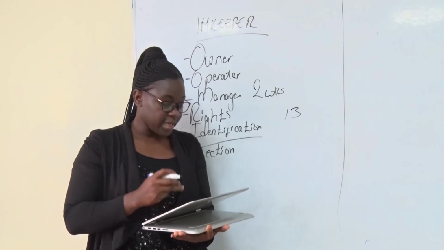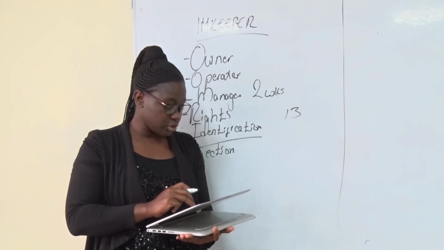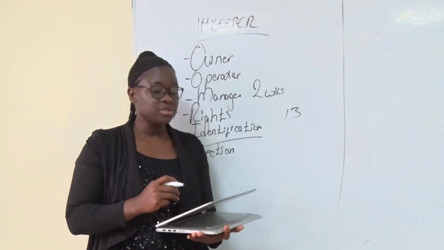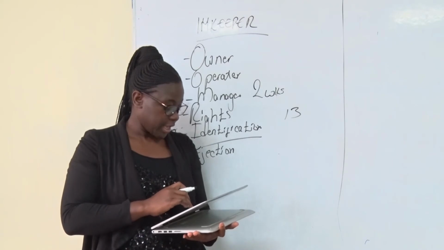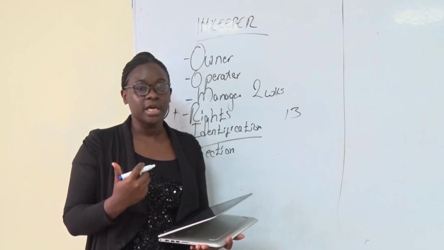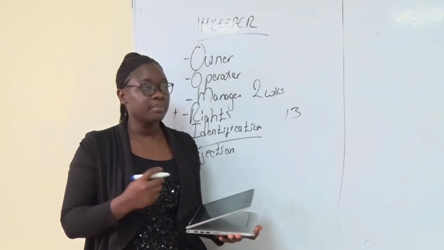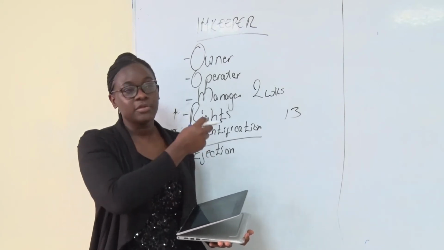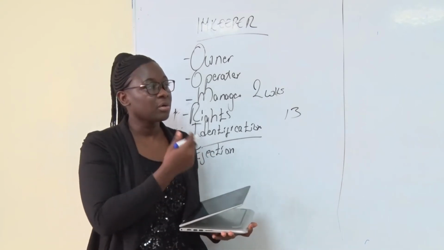Now, as I had said earlier, under the rights, number 2, a person who engages in disorderly conduct. You might be forced to eject this person out. Maybe this is a male person that is bringing trouble with the female counterparts across the hallways.